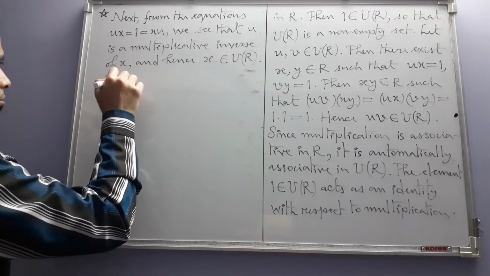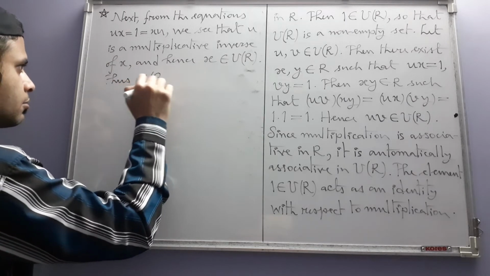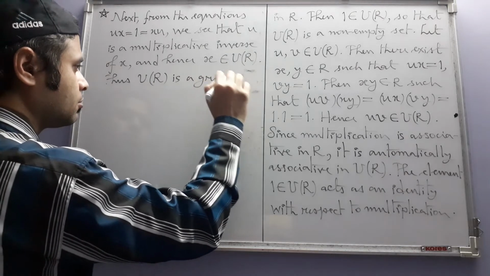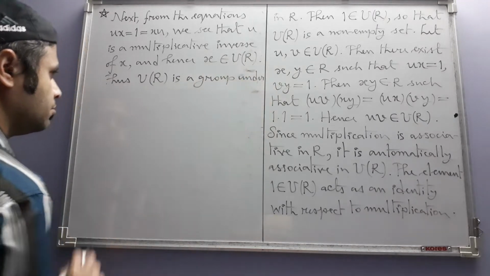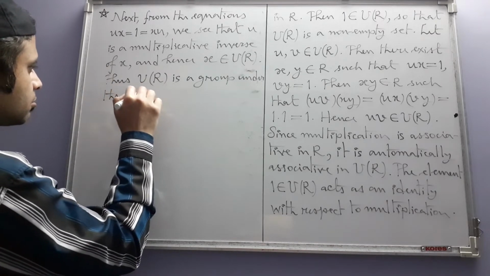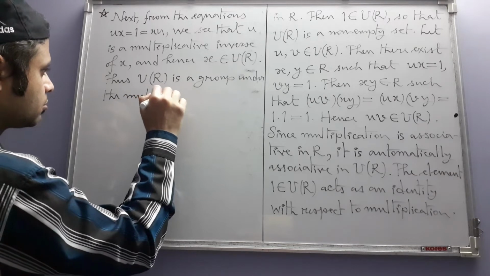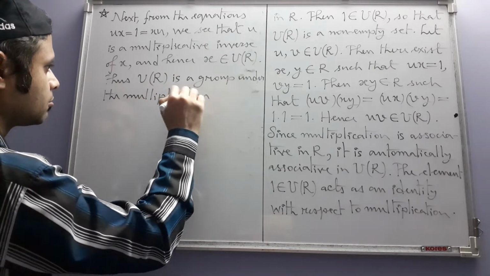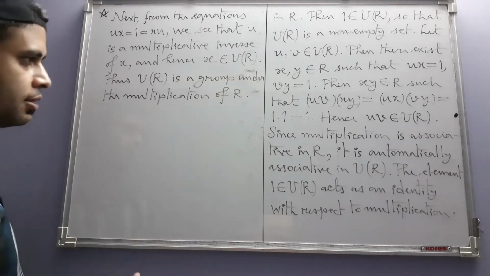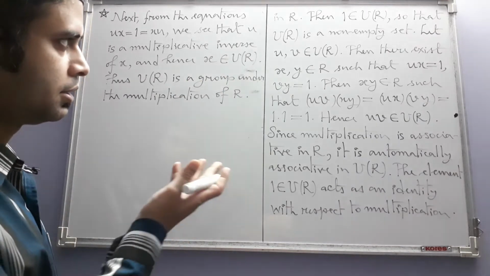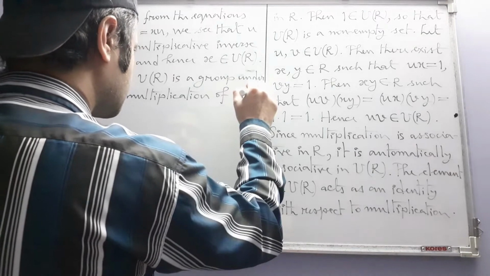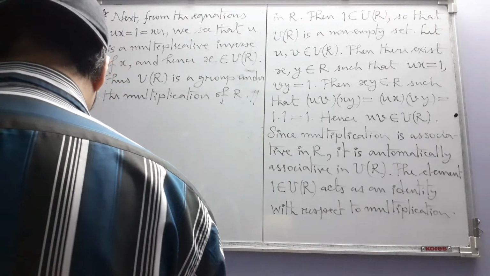Thus UR is a group under the multiplication of R. And in fact, because it's given that R is commutative, this is an abelian group. So this completes the solution.